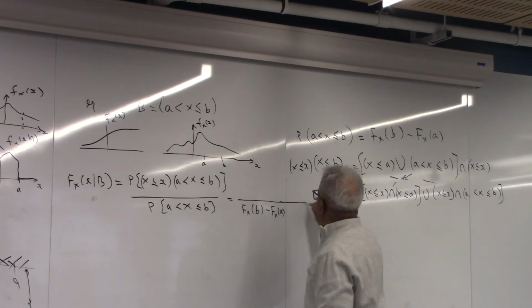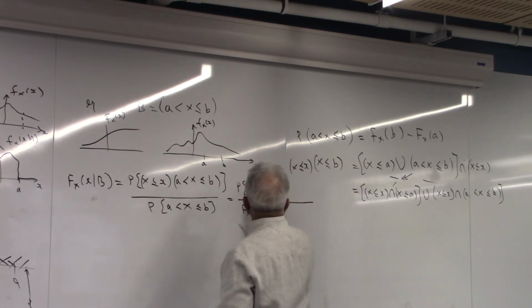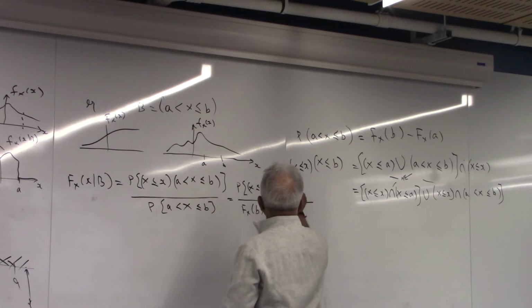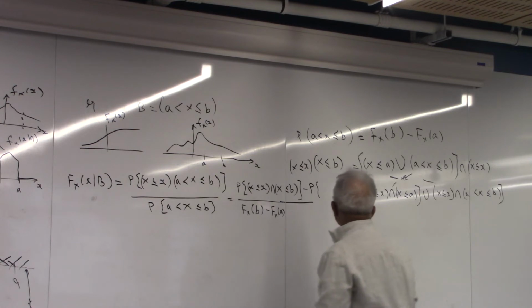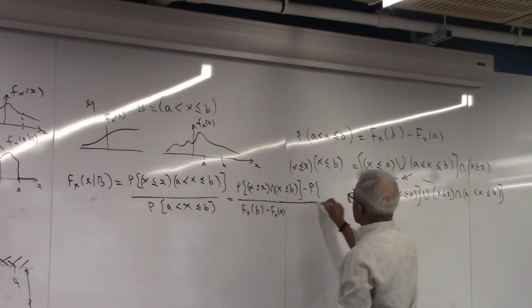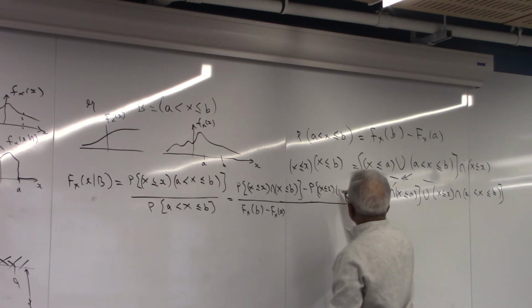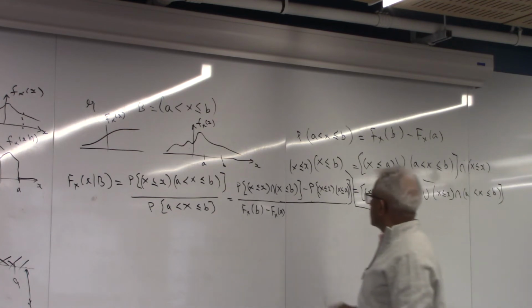So the numerator probability, I'm just going to copy from here, is the probability of X less than or equal to x intersection with X less than or equal to b, minus the probability of X less than or equal to x intersection with X less than or equal to a. Let me write it as two terms.